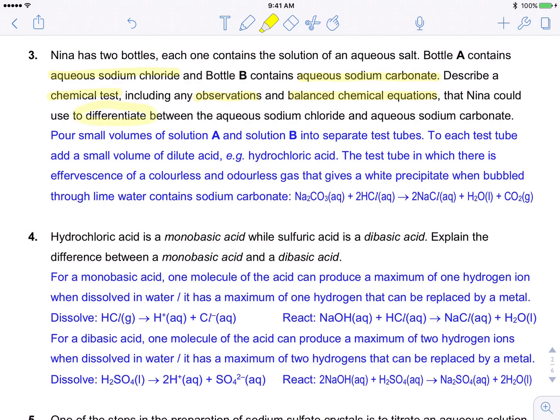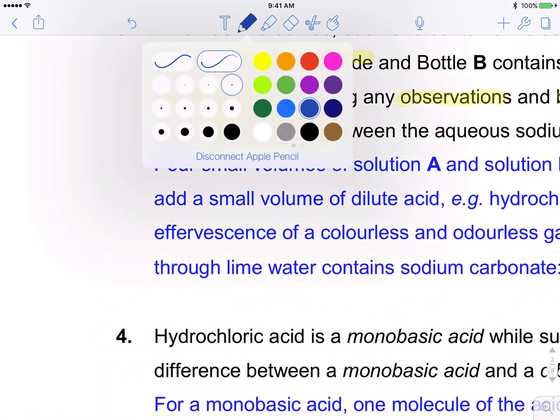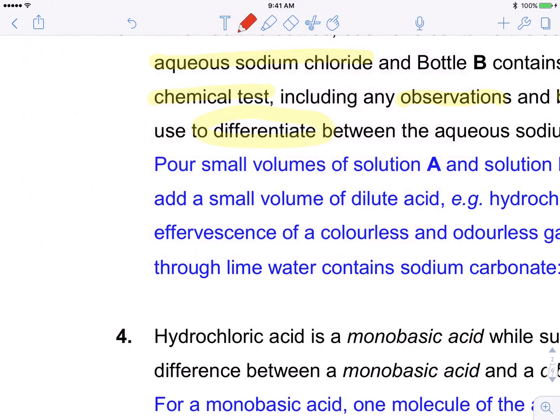Okay, so right now what I want to do is to differentiate between NaCl solution versus Na2CO3. So what you need to think to yourself is, what differences can these two substances have?